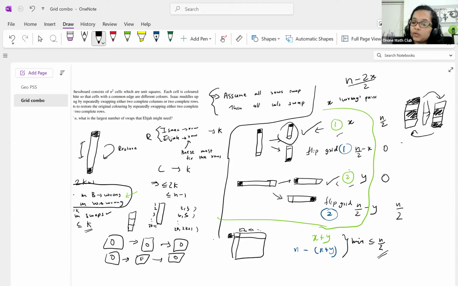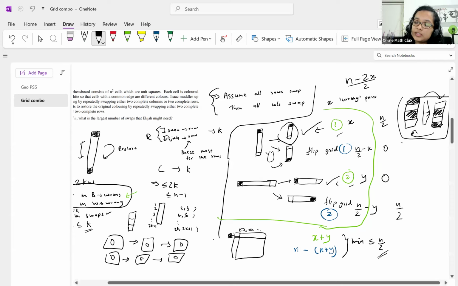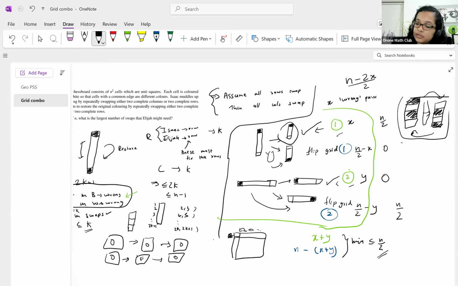Now the opposite case is when Elijah thinks, okay, maybe if I send it back to the opposite one, it's going to have fewer steps. So after Isaac does some swapping, he sends it to the opposite configuration. But then each column gets entirely swapped, as we saw here. That means the grid gets fully flipped, so in the row case also, he's going to have to flip everything.